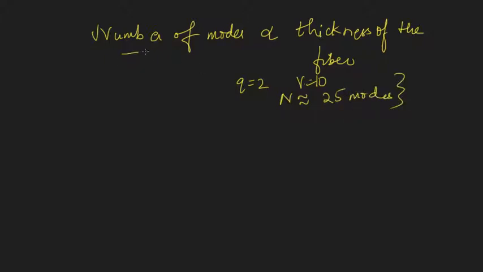Just the basic thing is that light, which satisfies Maxwell equations, which are differential equations, and when we apply the boundary conditions we get the solution of these differential equations, and these solutions are the modes of the fiber, and each mode is characterized by a discrete angle of propagation, and the number of modes depends upon the thickness of the fiber. So based on this we can say that if the thickness of the fiber is less, we have less number of modes, and if the thickness is more, we have more number of modes.